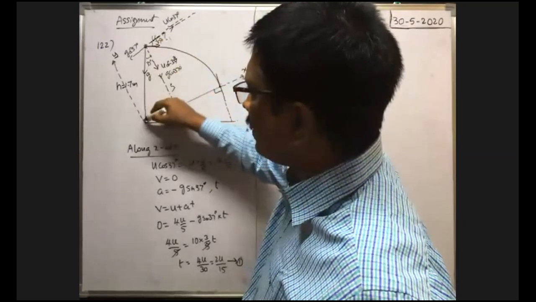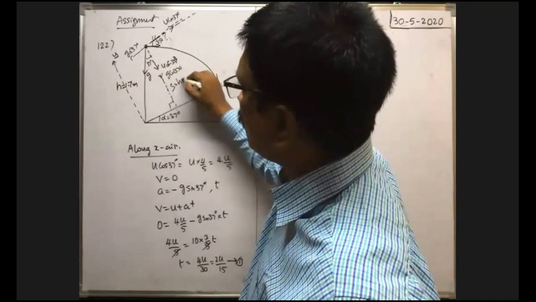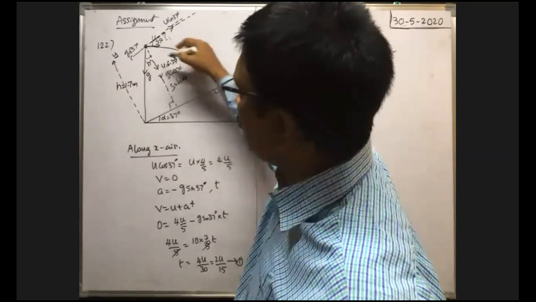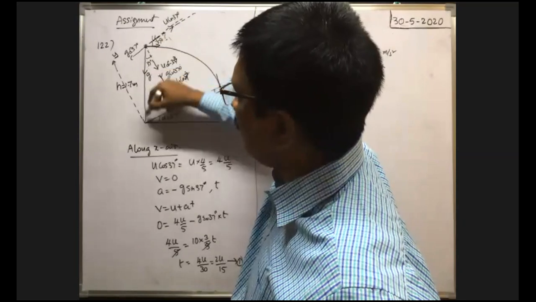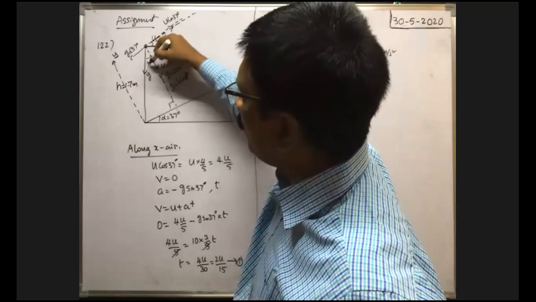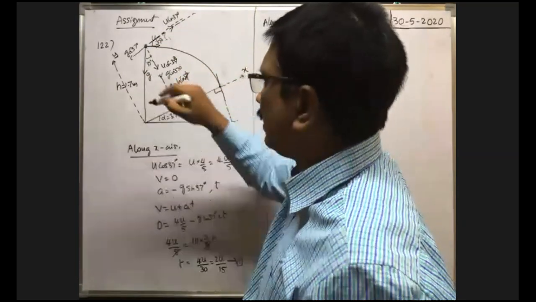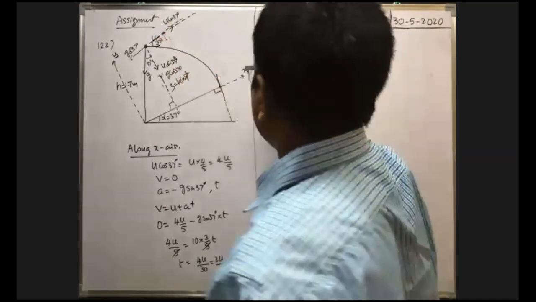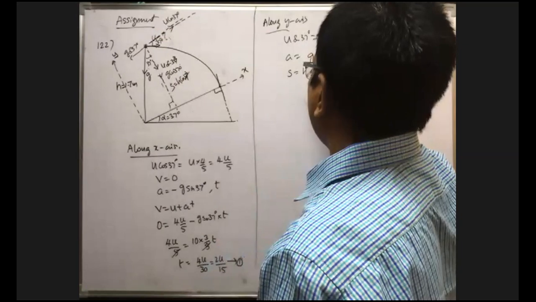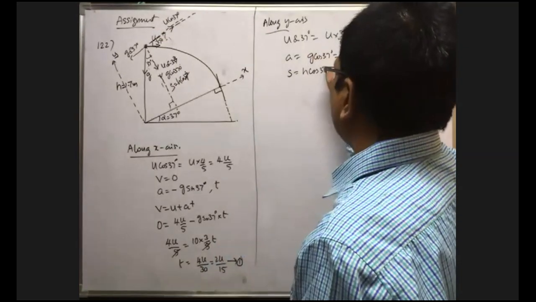This total height is h, so this is equal to h cos 37. Because in this right angle triangle, here 90, if it is h, then its component in this direction is h cos 37, and this is h sin 37. So the vertical distance traveled along the y-axis is equal to h cos 37 degree.